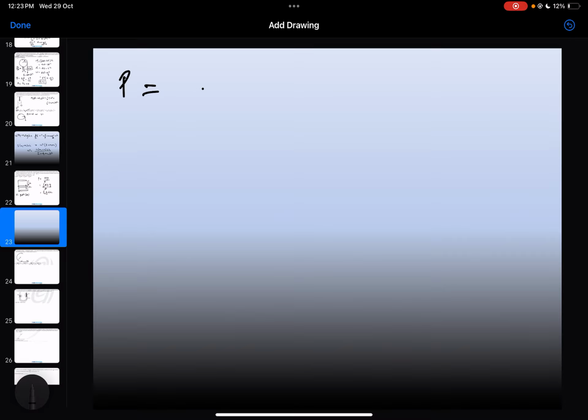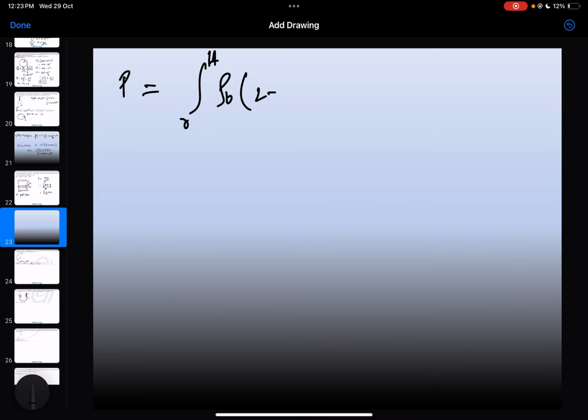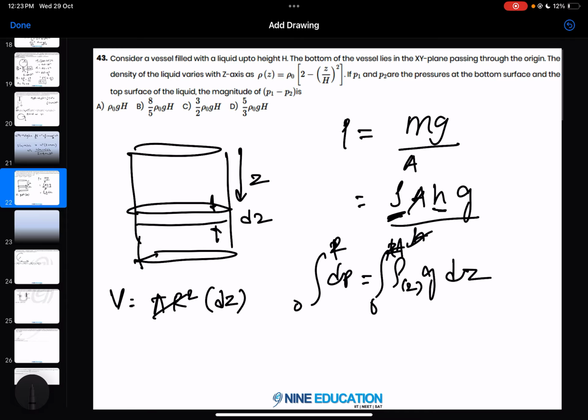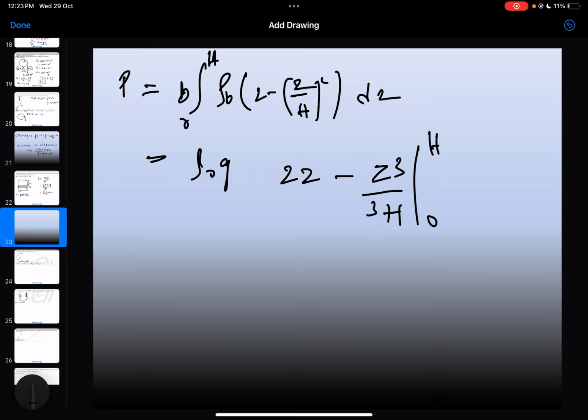So p is the integral 0 to h of rho naught into 2 minus z by h whole square into dz. g is anyway constant. Now when you integrate, rho naught is also constant, so rho naught g. Integration of this will be 2z, minus z square, plus z cube by 3h, from 0 to h. When you substitute 0, it is going to be 0.